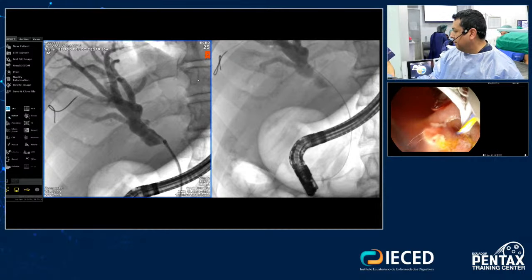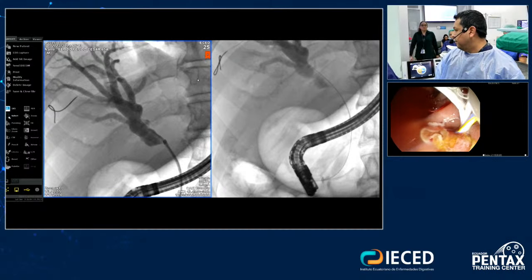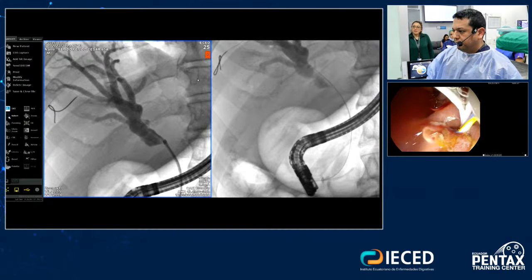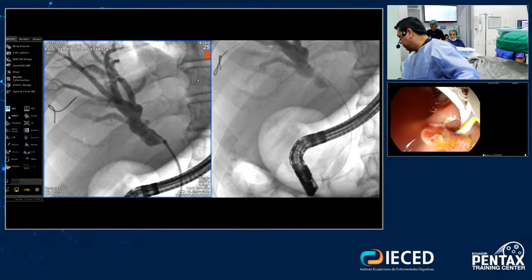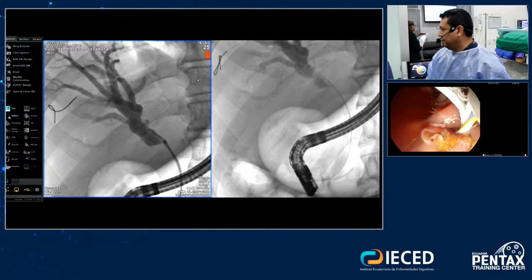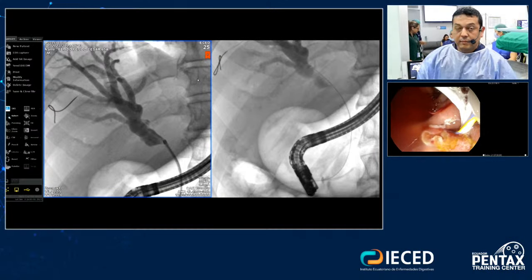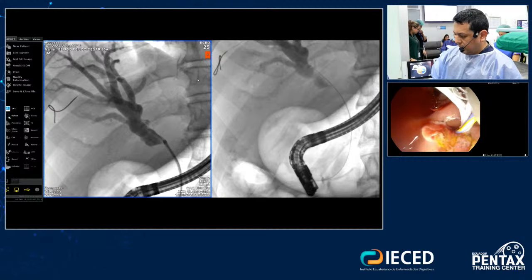So now we will use a fully covered metallic stent from Microtech. And I believe we will finish in a few minutes, okay?